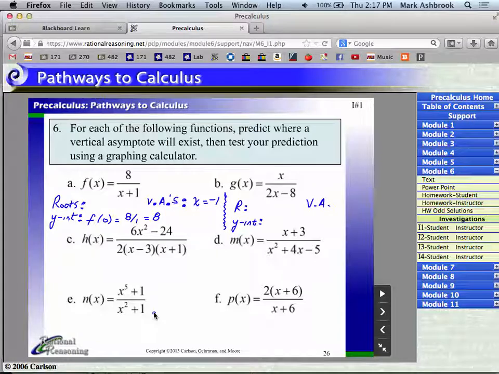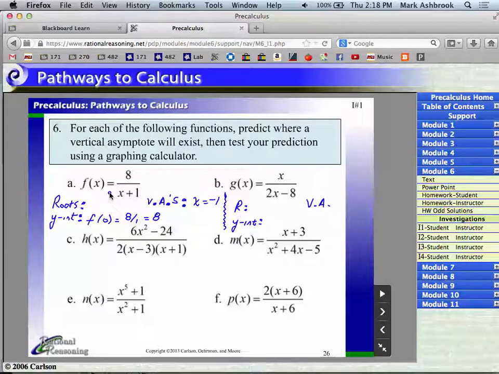Okay, Joe. What are the roots for part A? The roots. What's that? Infinity? But I want the roots of f. I want to know about the roots of f.